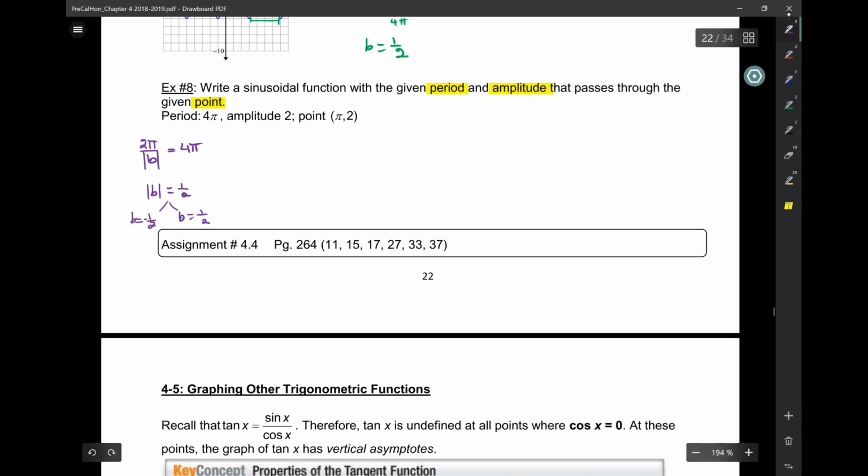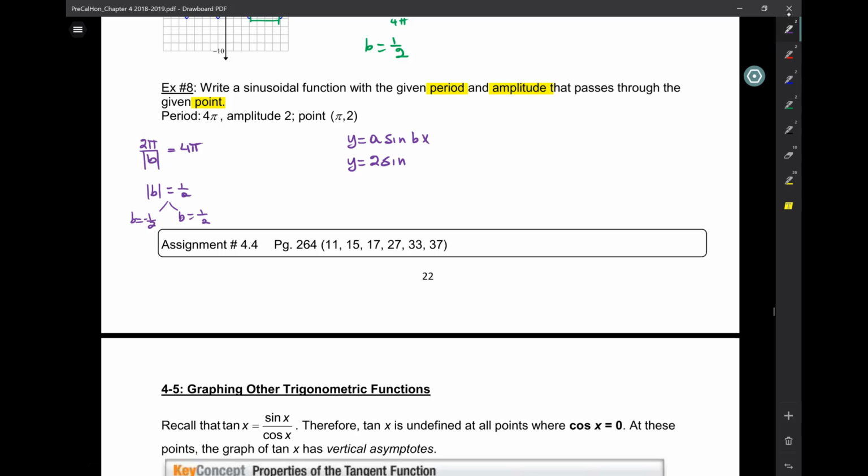Okay, what does that mean? Y equals a sine bx, right? There is no phase shift here. We're not given any information. So this is y equals 2 sine bx. And it could either be 2 sine half x or 2 sine negative half x, and that makes a difference.